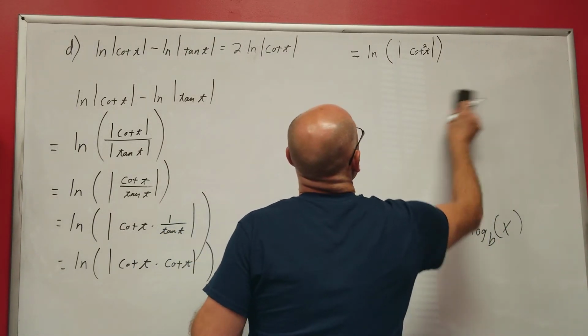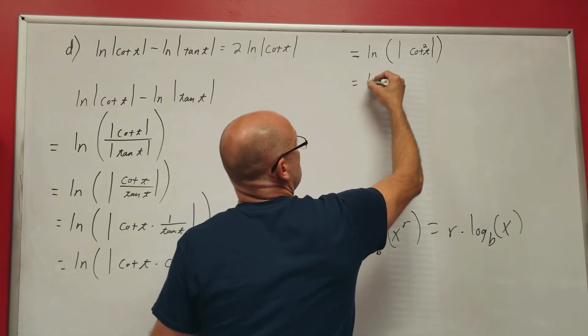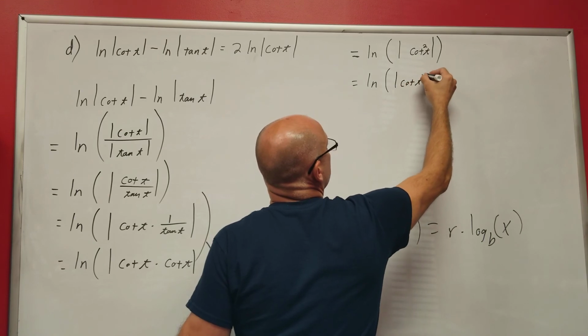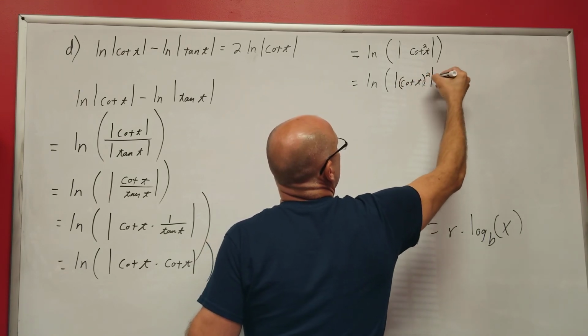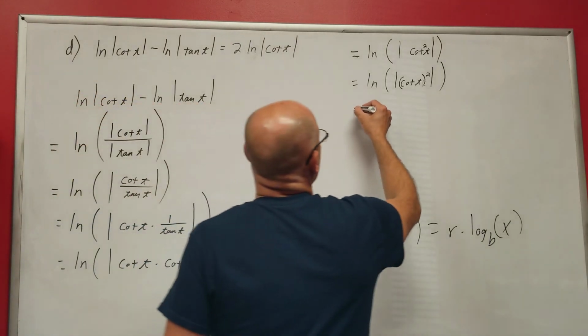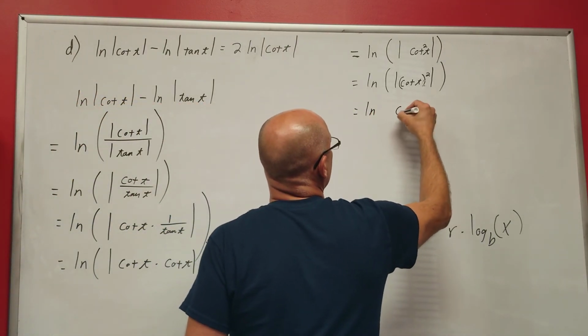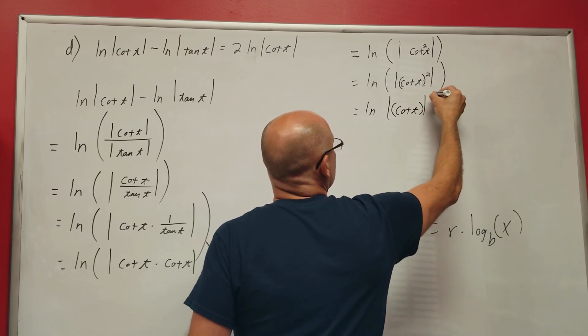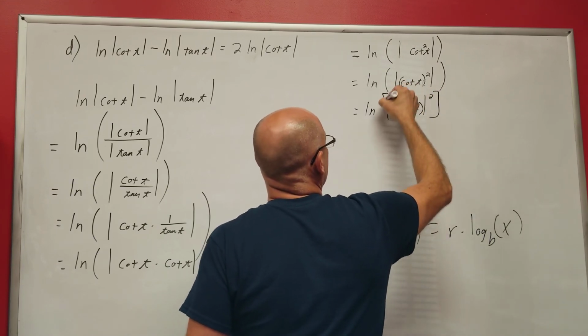This is the same thing as writing the natural log of the absolute value of cotangent of t squared, like that. Or I could say this is the natural log of cotangent of t in absolute values, like that.